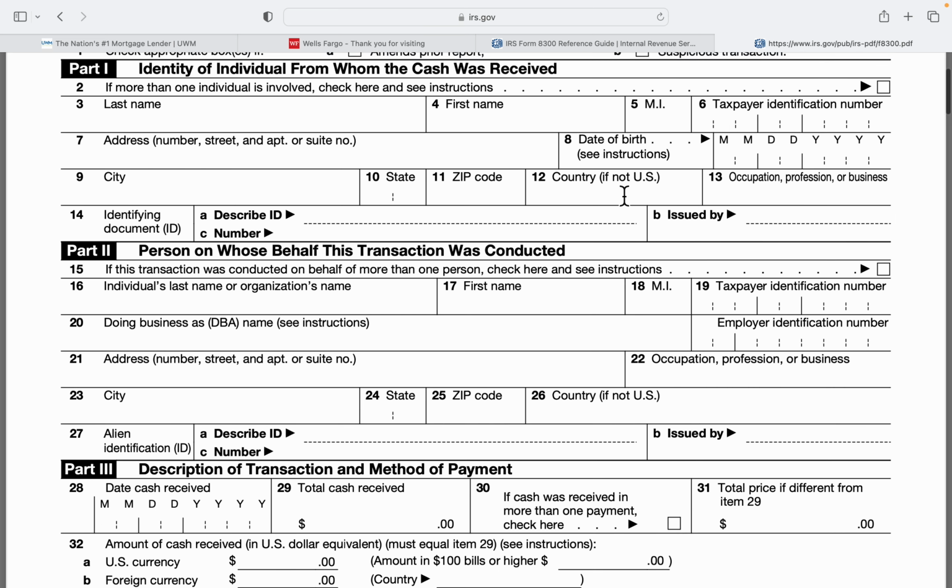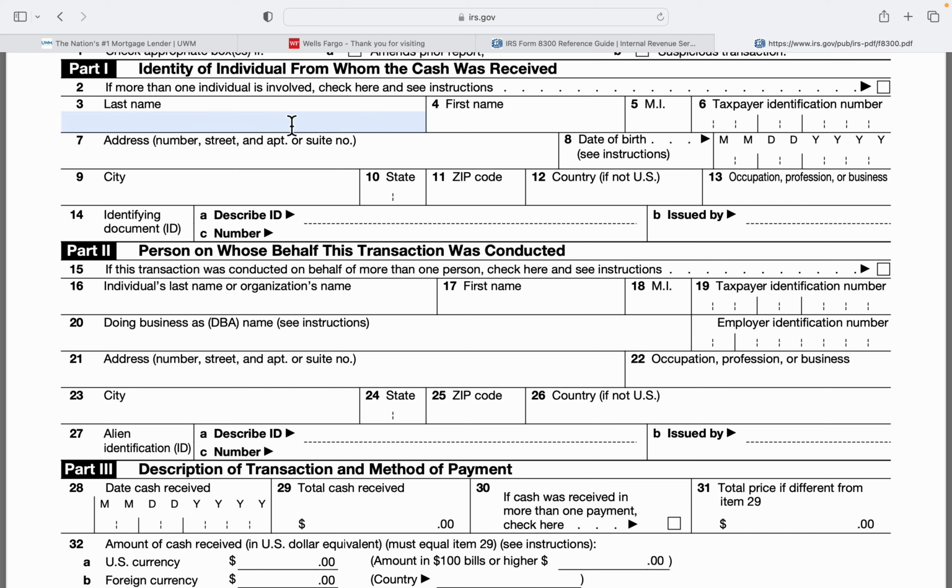In part one, you would identify the person or individual who you received the cash from. You would need to collect a lot of information, so you'll probably do this before you complete the transaction, or you will have to document this in some type of fashion.